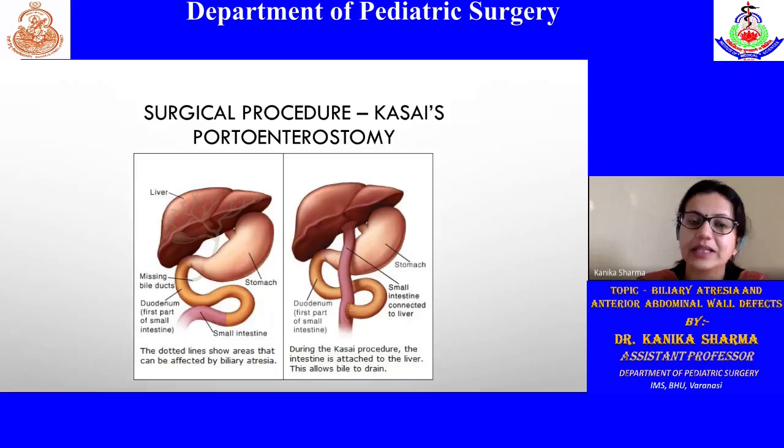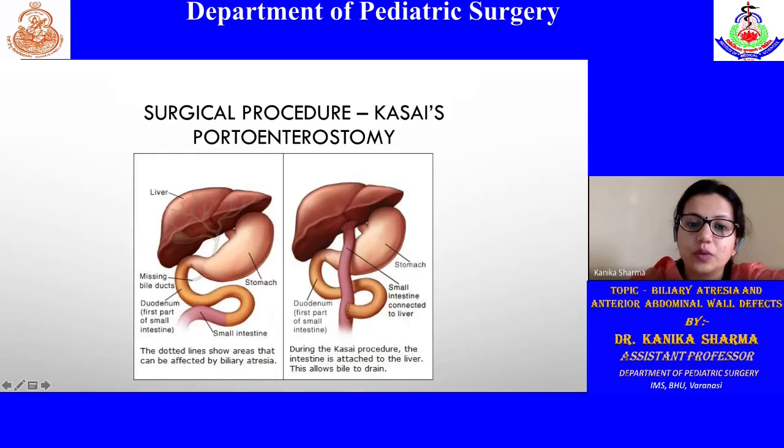But even in the early stage, not in India but elsewhere also, they have limited resources and liver transplant cannot be provided to everybody. So this procedure is mainly a bridging procedure, and it has been noted that many of the children who underwent this procedure can do very well, even up to adulthood.